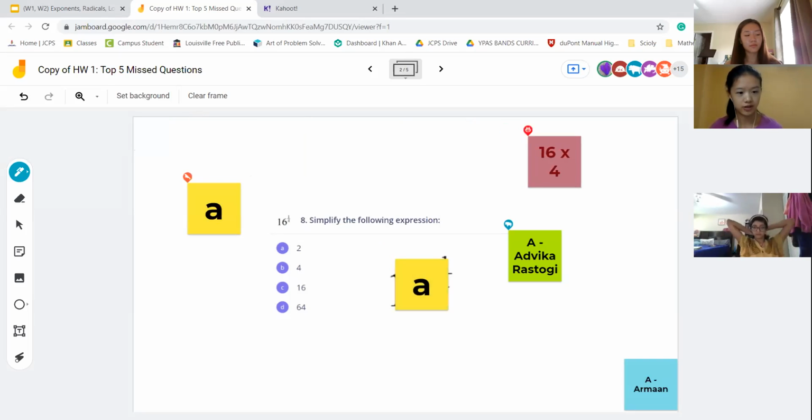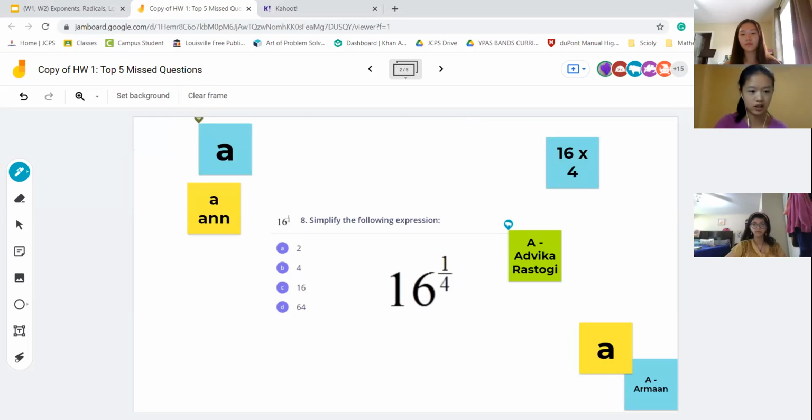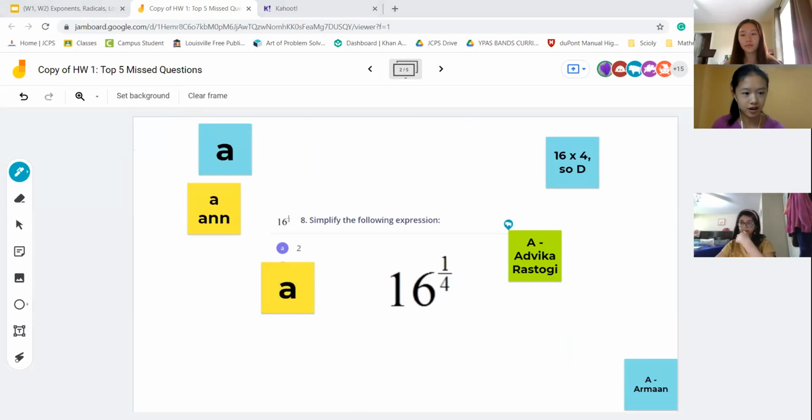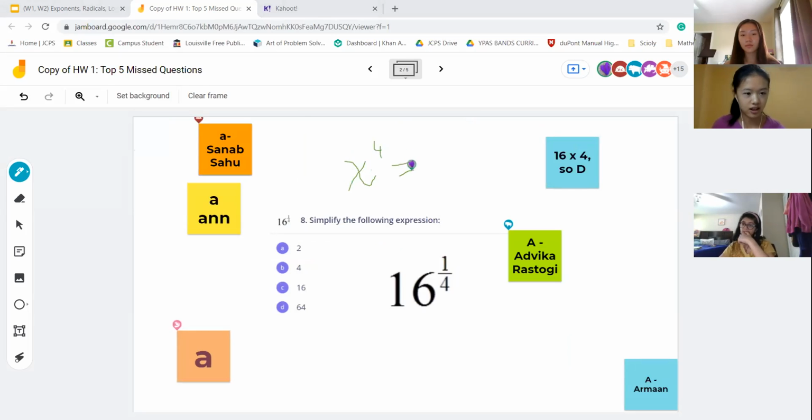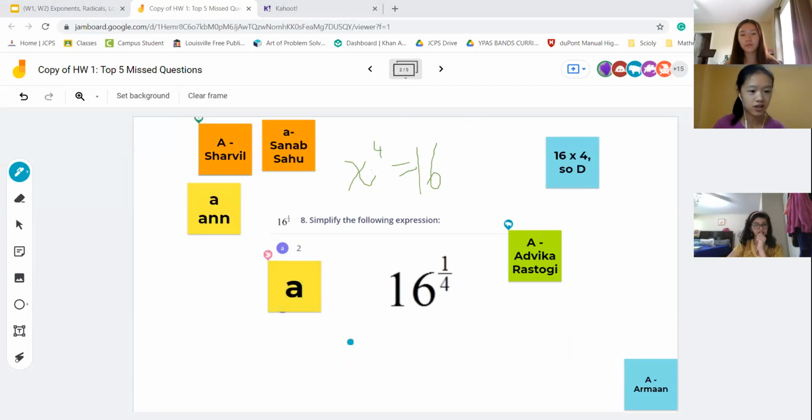So this is what the 16 to the 1/4 power is asking. What number multiplied by itself 4 times equals 16? So you could also write that as x to the 4 equals 16, and we want to find the x here. So that would just be 2, since 2 times 2 times 2 times 2 equals 16. So that would be A.